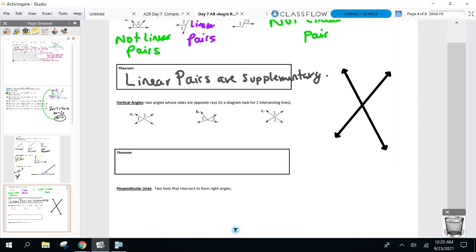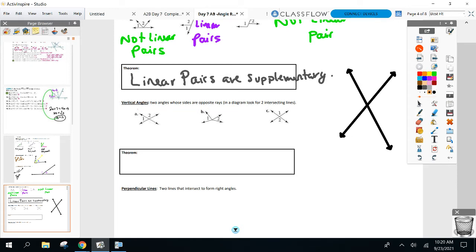A. Would 1 and 2 be vertical? No, they're not. Good. I got a follow-up, though. They're not vertical, but they are what?